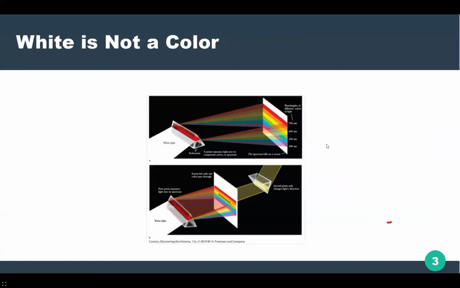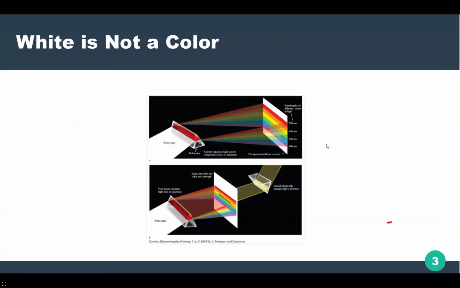As we go over the different types of light, it's important to start with Isaac Newton, who, as one of the founders of modern physics, came up with the observation and the experiment to prove that white light is not a single pure color of light, but is rather a combination of all different types of light.